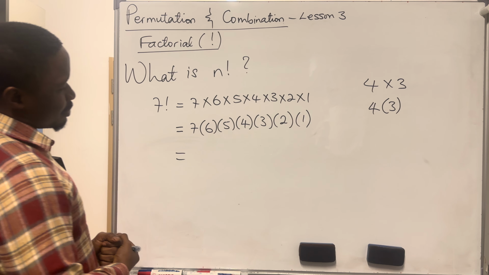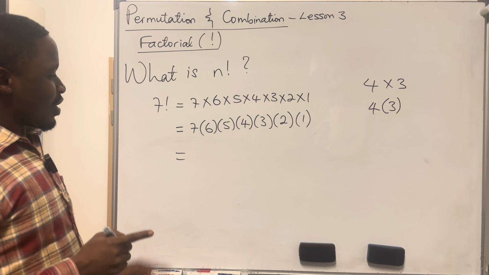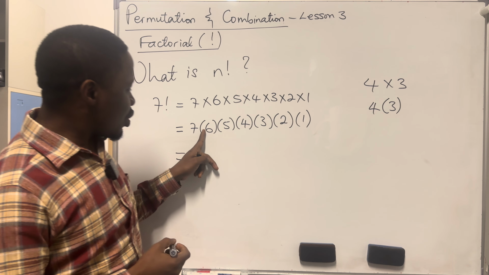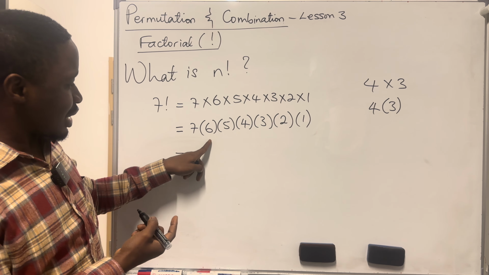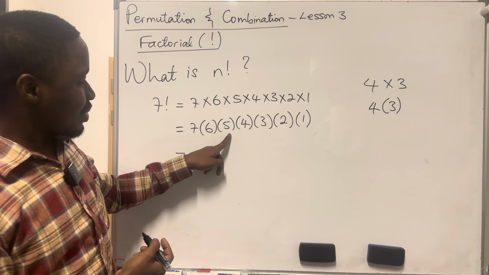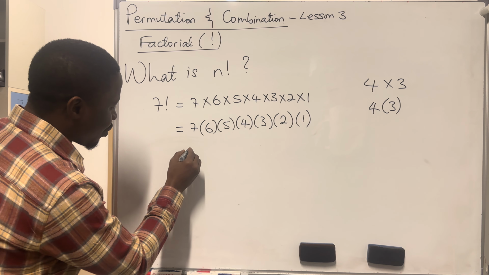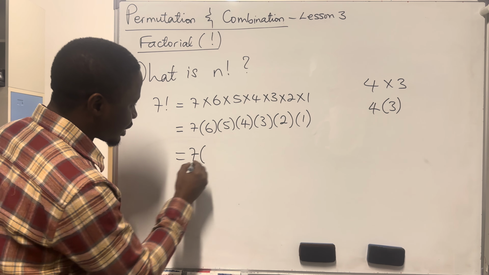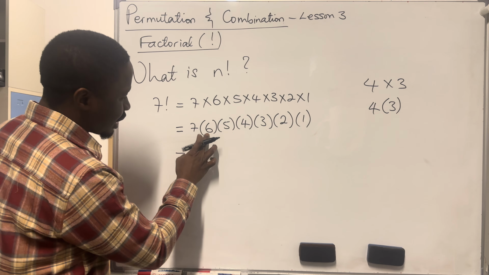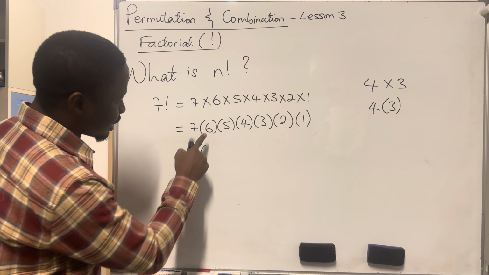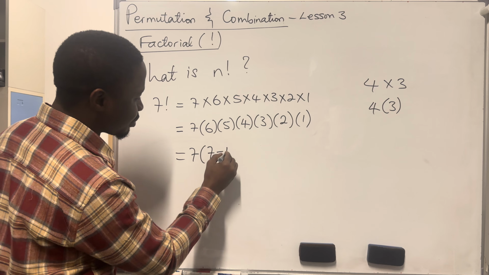Now, if this and this are the same, I think we are one step ahead. What is the next? How do you compare 7 with 6, 7 with 5, 7 with 4, and the rest of them? Let's see. Do you agree that 6 is the same as 7 minus 1?